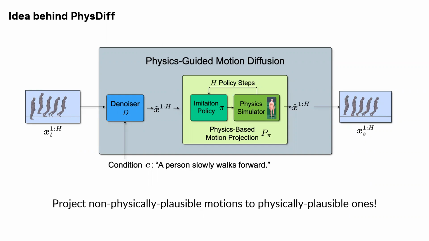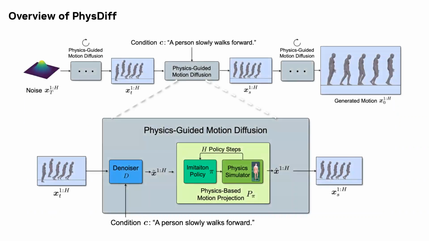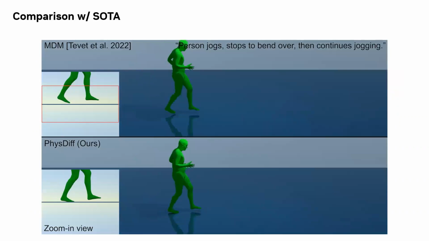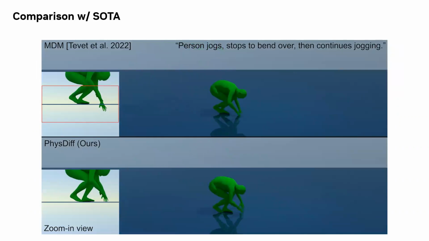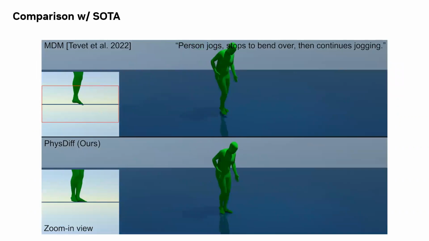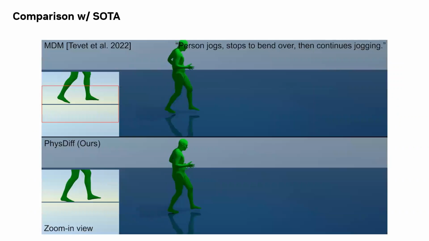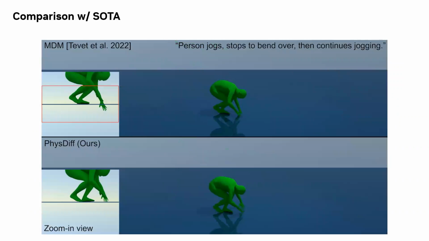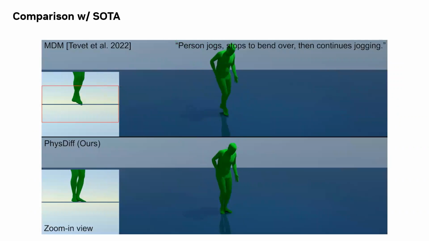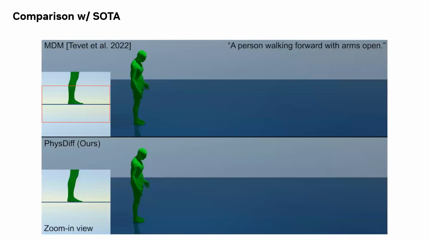Because you're running in a physical simulator, everything you output is physically plausible, and therefore you get this projection property. So we plug this into the motion diffusion model, and that's how the idea works. You can compare some results on similar motions, and you can see that the baseline results are kind of floating in the sky, whereas our method handles the feet contact quite correctly.